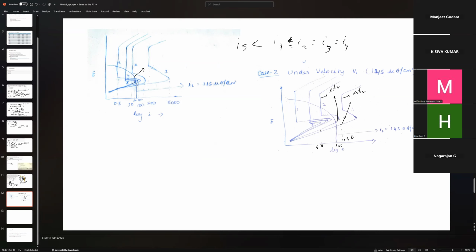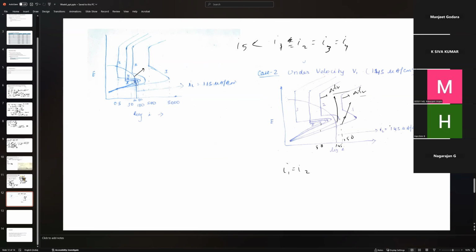Since these two are in the active region, they have the highest corrosion rate. They would be again almost equal, so I of 1 would be almost equal to I of 2.